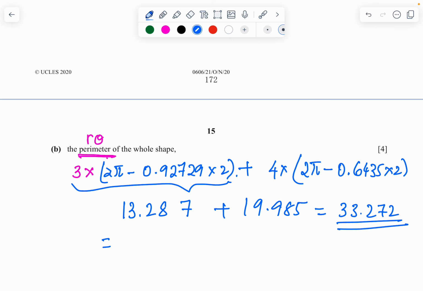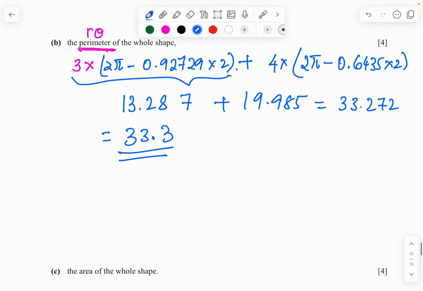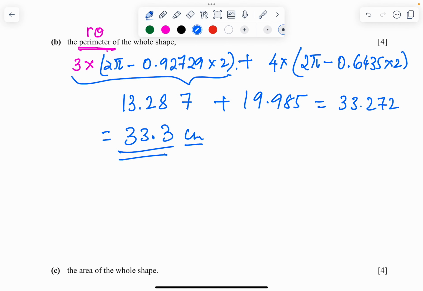But remember, we need to write the final answer as 3 significant figures. So 3 significant figures is going to be 33.3. So this is our final answer, 33.3, well, yeah, centimeters, since this is a perimeter.